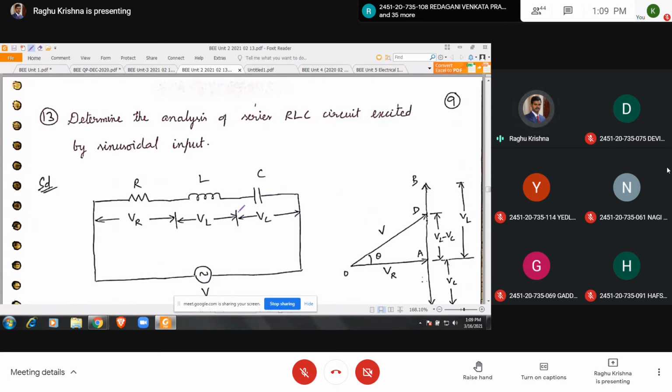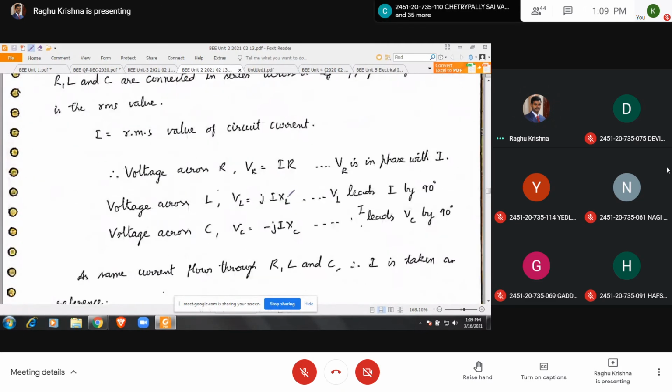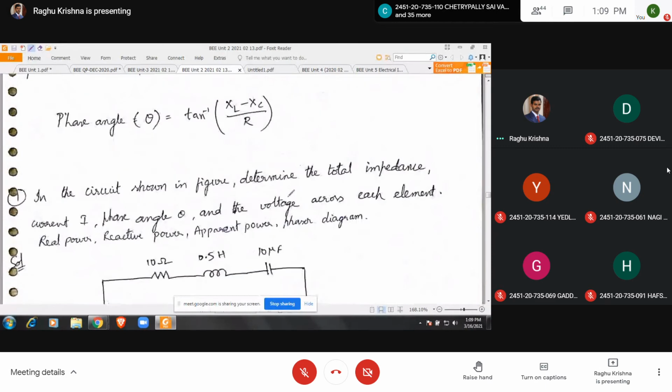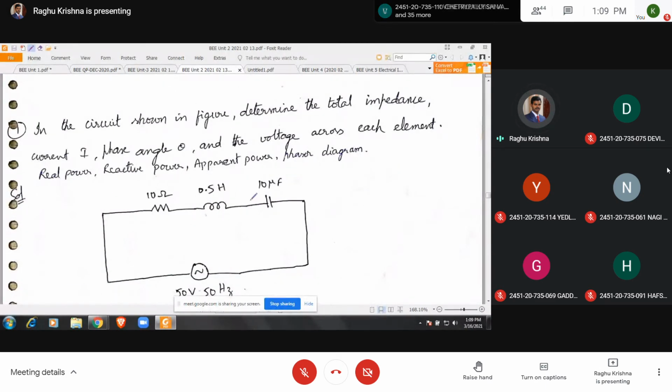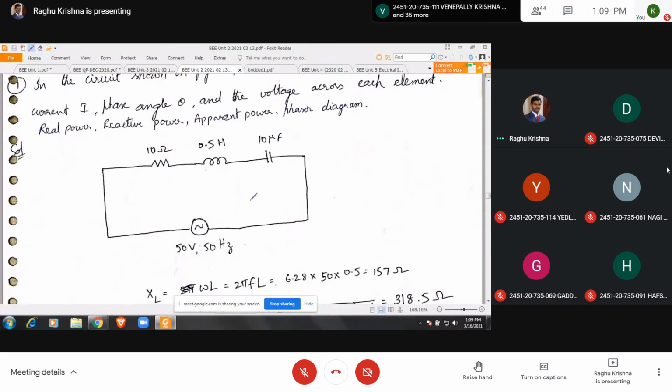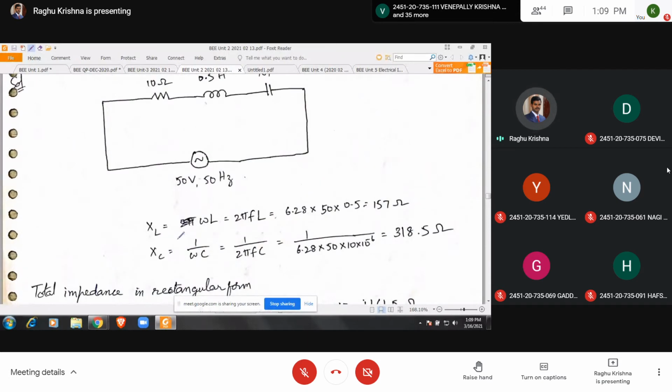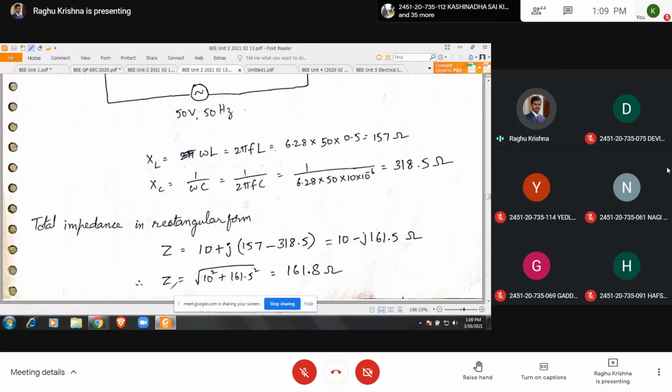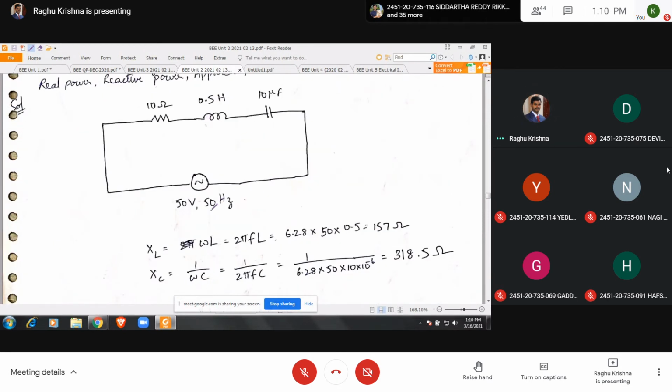Take this RLC circuit, similar to this one. Here, find XL, XC, and the total impedance Z.